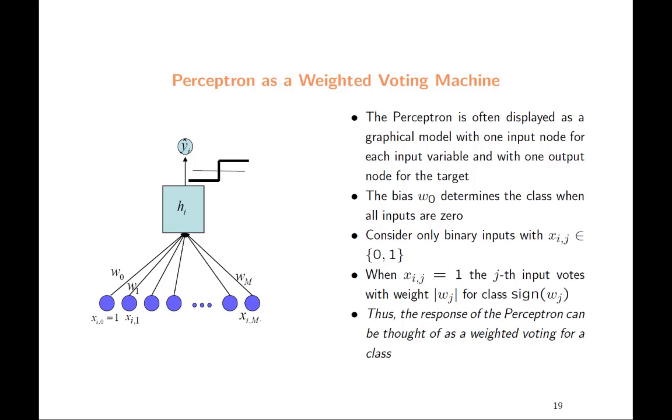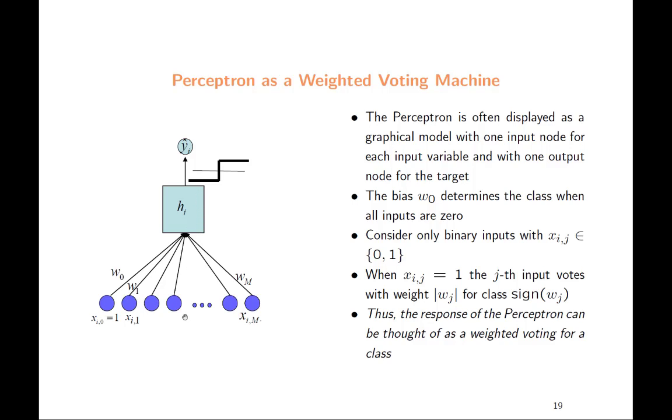One way to look at the perceptron, we said that it's an important or powerful classifier if the number of inputs is very large. For example, if you consider that the input here can only be 0 and 1, then if the input is 0, it doesn't have an effect on h.